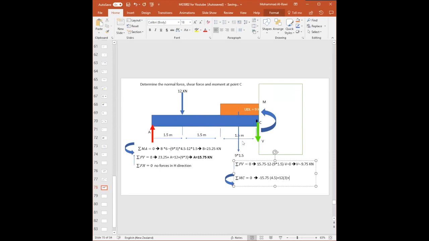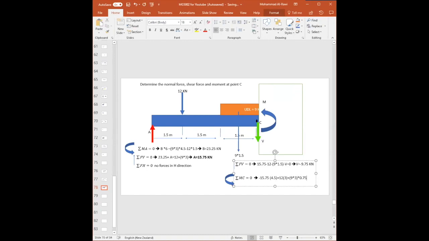So it's positive, UDL would try to rotate me in that direction. So what would be the UDL? The UDL is 9 kilonewtons per meter. So 9 times 3, that's the force, multiplied by the distance, which is half of that. So half of 1.5 is 0.75 equals to what?